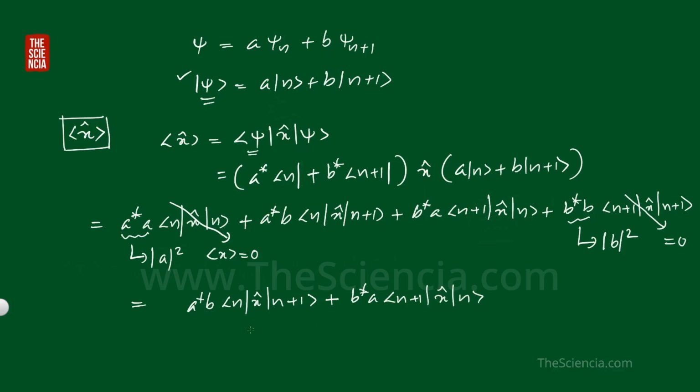Here we know the x cap operator in terms of the creation and annihilation operators, that is root h cross by 2m omega into a dagger plus a.